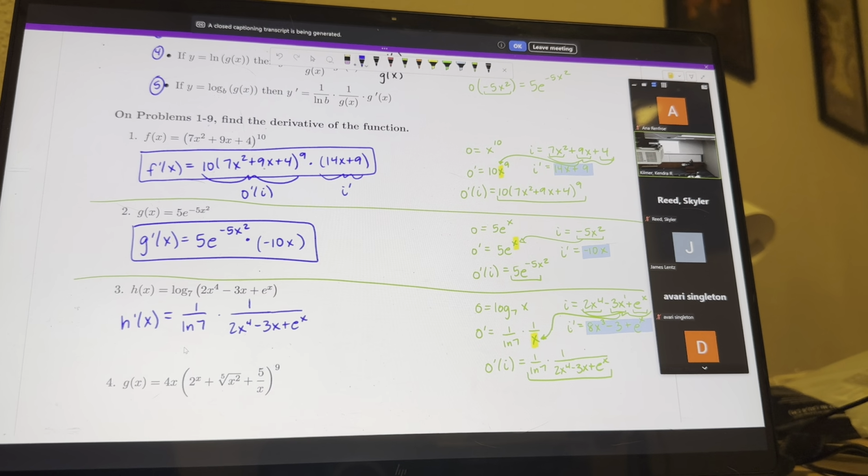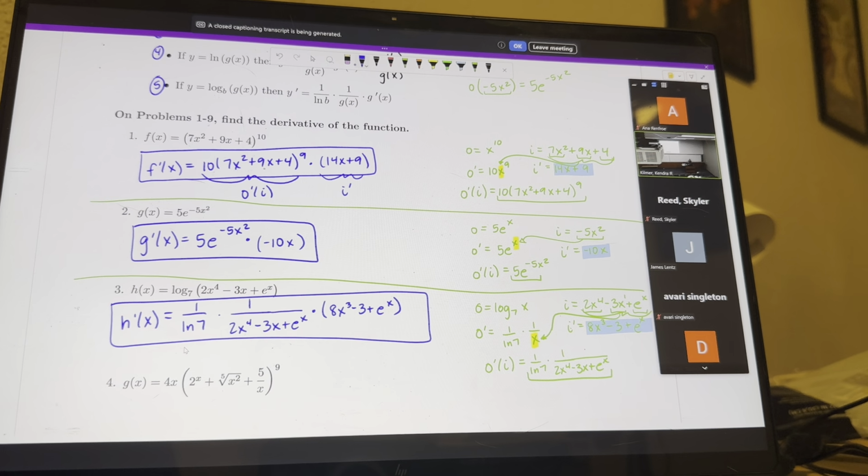And then times the derivative of the inside, which is I prime, 8x cubed minus 3 plus e to the x. Again, you identify your outer and identify your inner and come off to the side and find the derivative of each. That works, that's great.